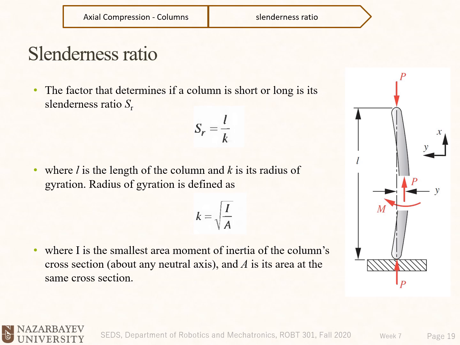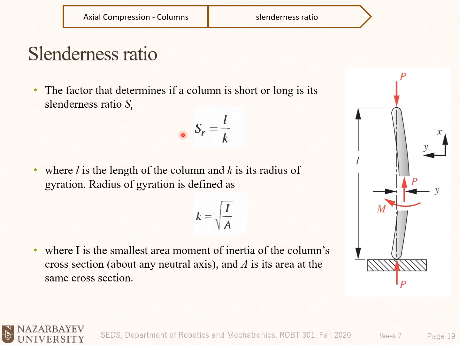So here we have columns. See the difference between columns and beams. Beams usually carry transverse load, but the columns carry compressive loads. In columns, we have some geometrical definitions like slenderness ratio.